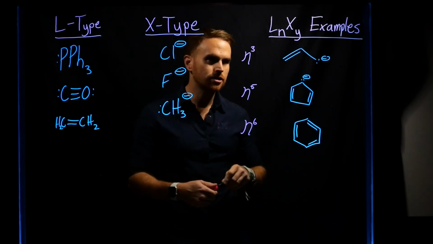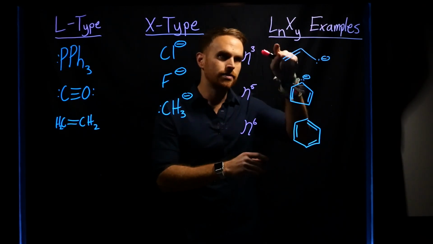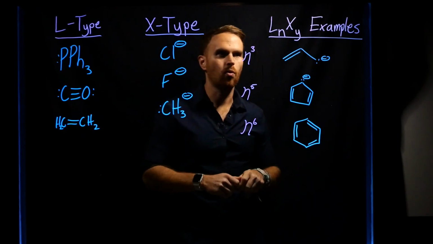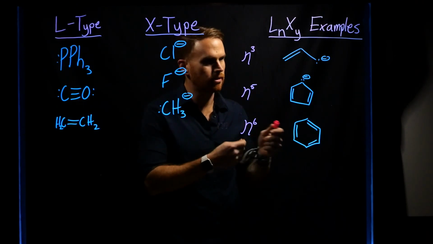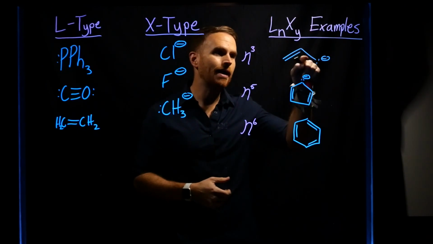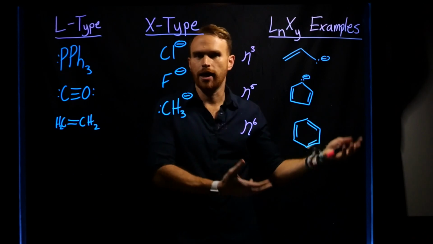All right, so now let's talk about what type of ligand classification these would get. These would be LnXy, but these n and y are just meant to depict how many of each is contributing to that type of ligand. So for the allyl ligand, we have a pi bond and this lone pair anion.